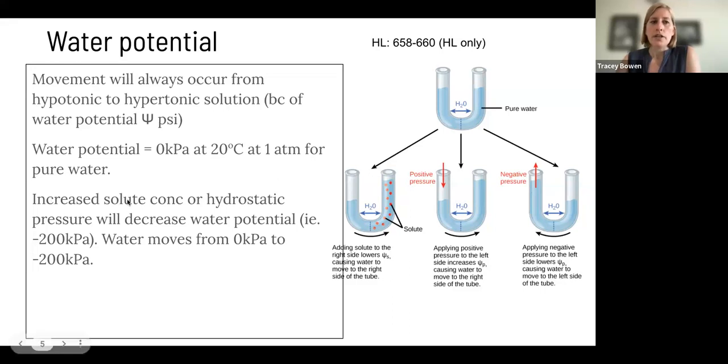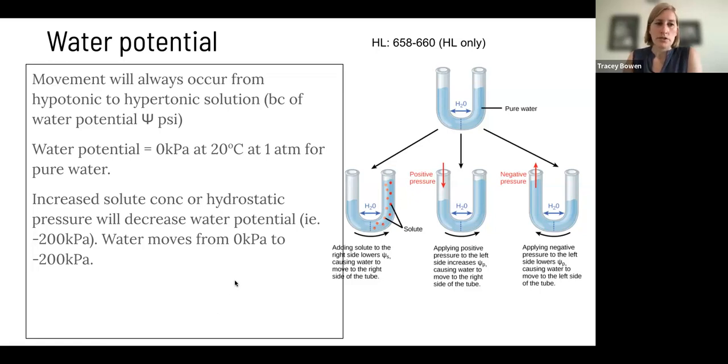So if we increase solute concentration or hydrostatic pressure, that's going to decrease water potential. And water is always going to move from the higher potential to the lower potential. So in the case of it being 0 here and, let's say, -10 here, then it's going to move towards the solute concentration.